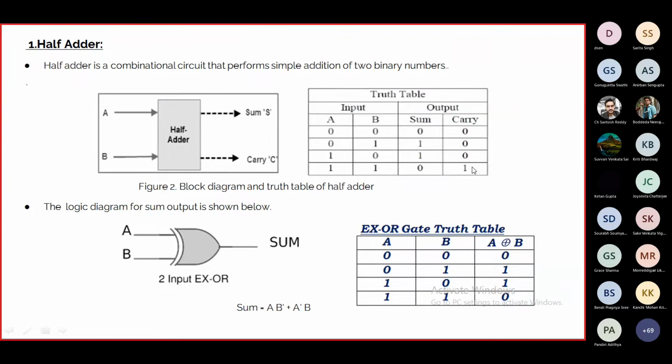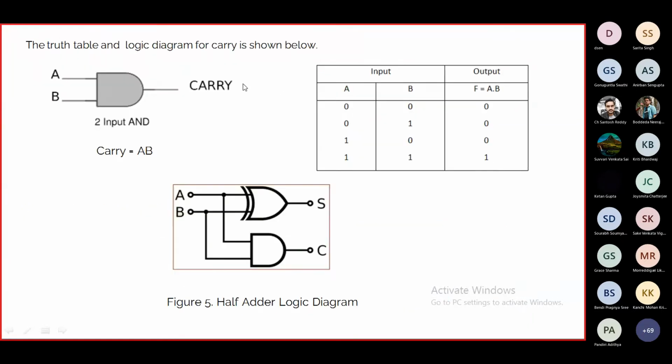So we can represent the logic diagram for the carry similar to the AND gate. When we combine these two diagrams, we can represent the whole logic diagram of the adder circuit as a single logic circuit, represented like this. When we take inputs A and B, the sum is the XOR of A and B, and the carry is the AND of A and B.